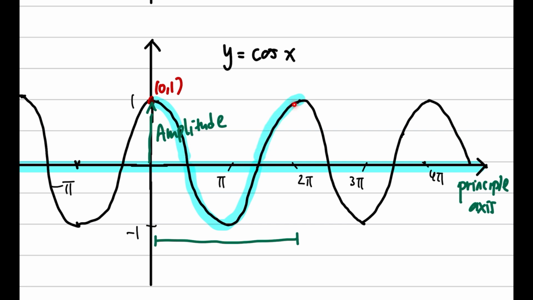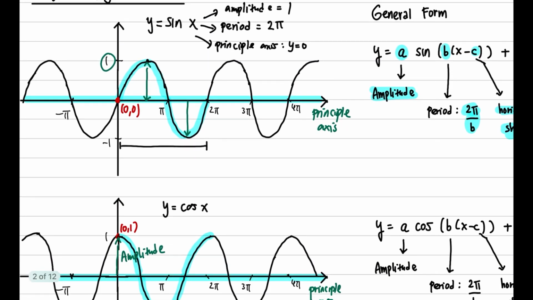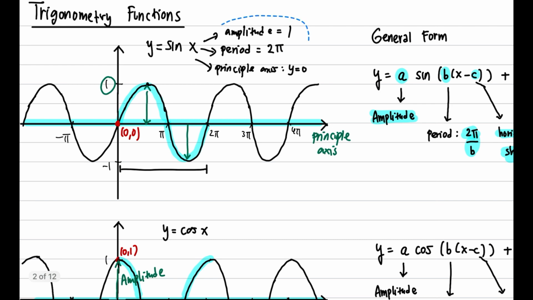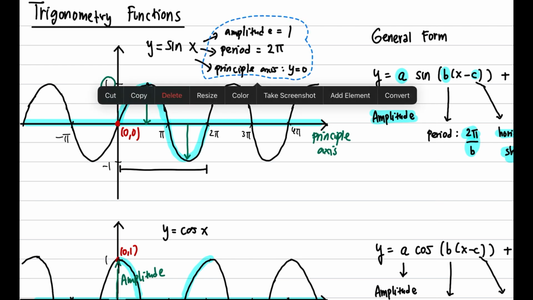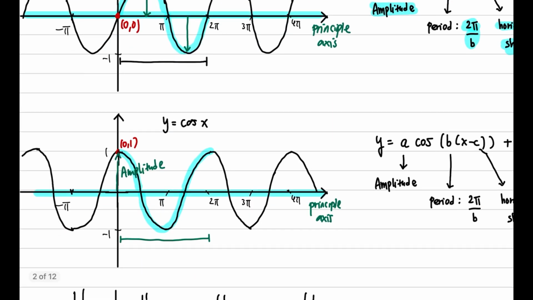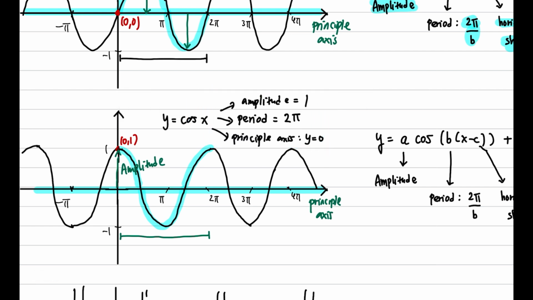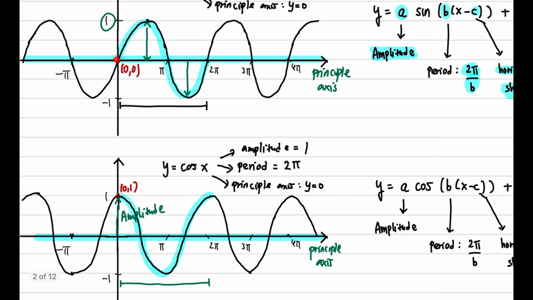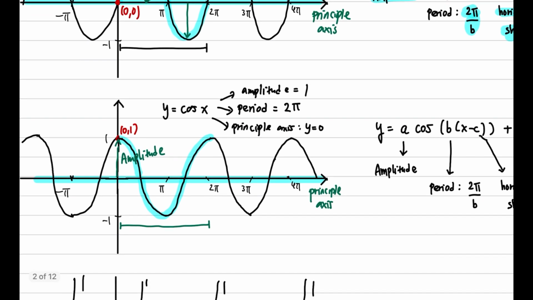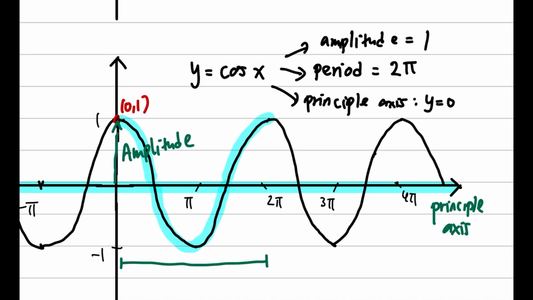This plus this becomes one hill, one valley. It's the same thing. So for the cos, we have exactly the same thing for the amplitude, period, and principal axis. The one that makes it different from sine is the starting point. For sine, the starting point is 0, 0. For cos x, it's from 0, 1.